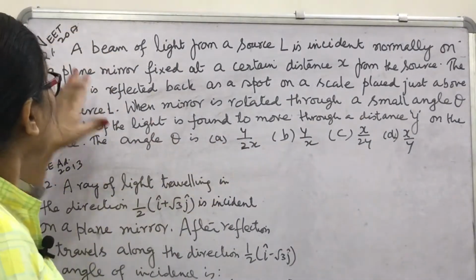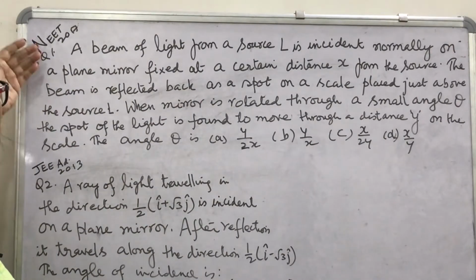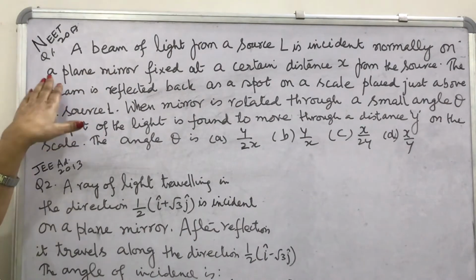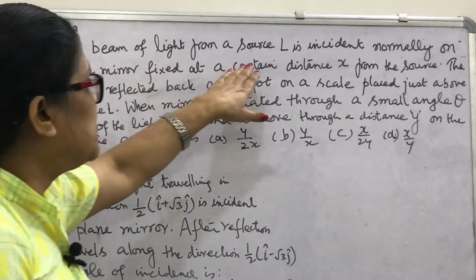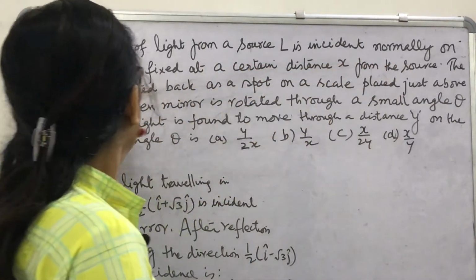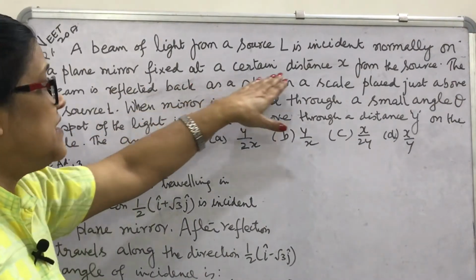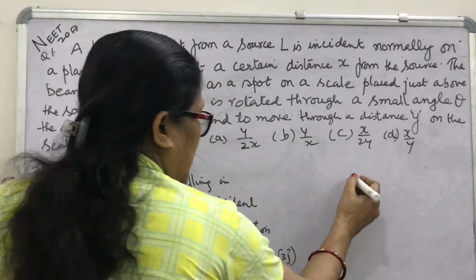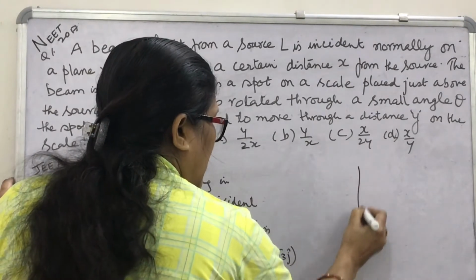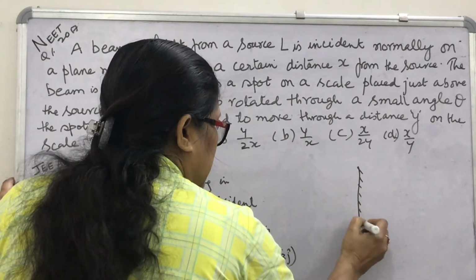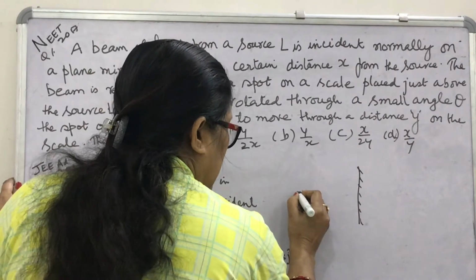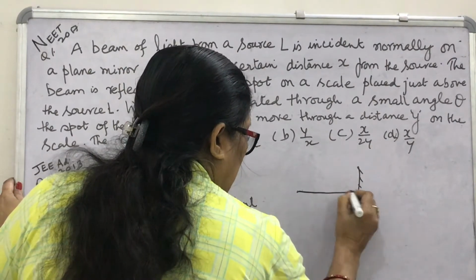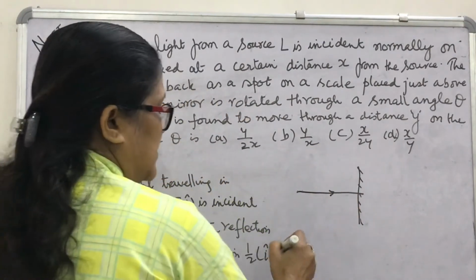Let us see a few questions asked in competitive examinations. This is from NEET 2017. A beam of light from a source L is incident normally on a plane mirror fixed at a certain distance x from the source. You draw the mirror, and at distance x, this is the source L from which the beam is incident.